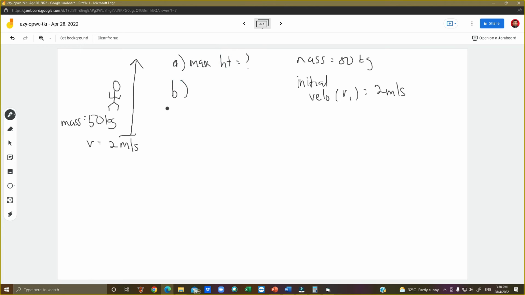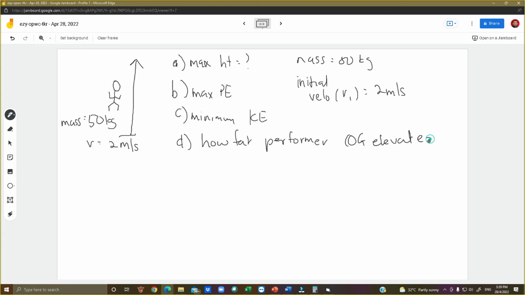B, berapa dia punya max potential energy? C, berapa dia punya minimum kinetic energy? And D, how far performer COG elevated? Okay, 4 betul. Apa lagi? Jawab lah. Silakan.